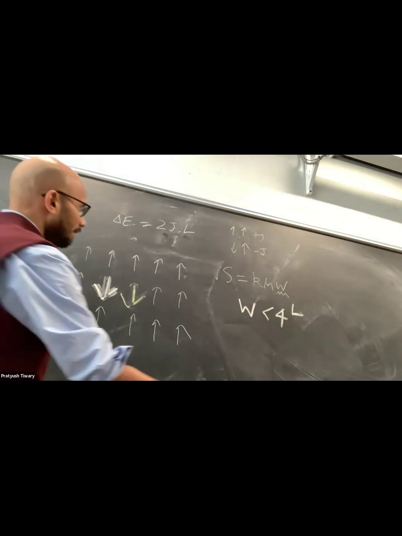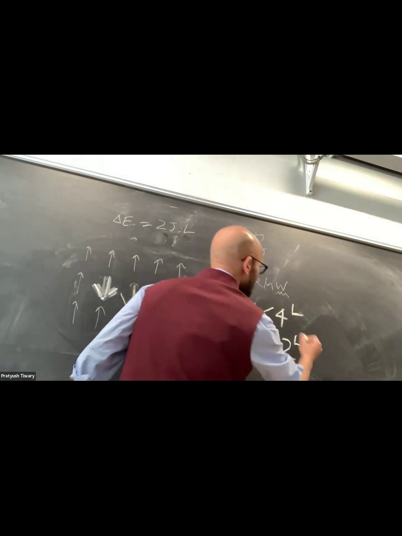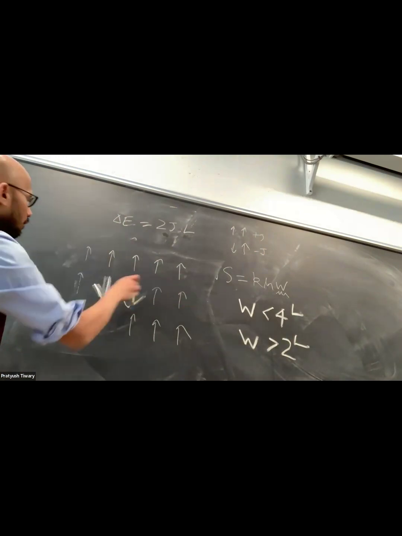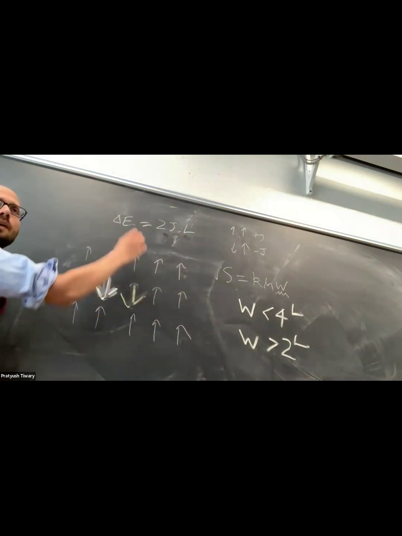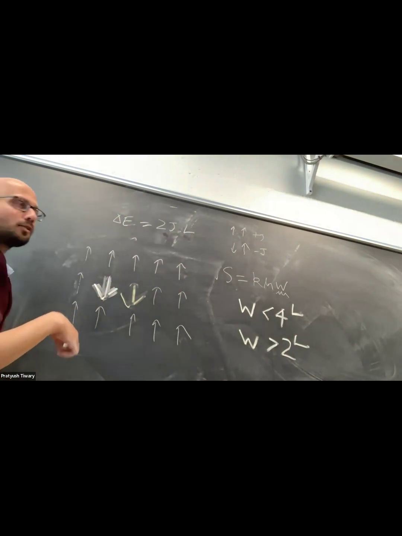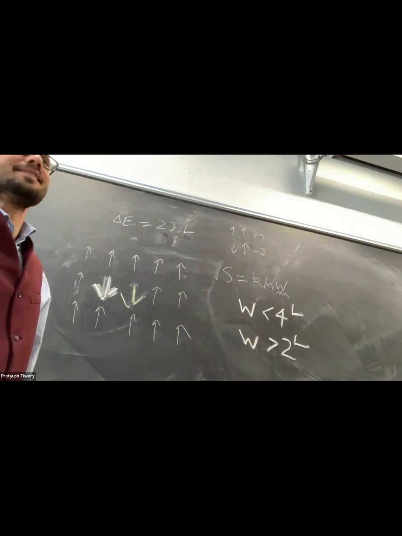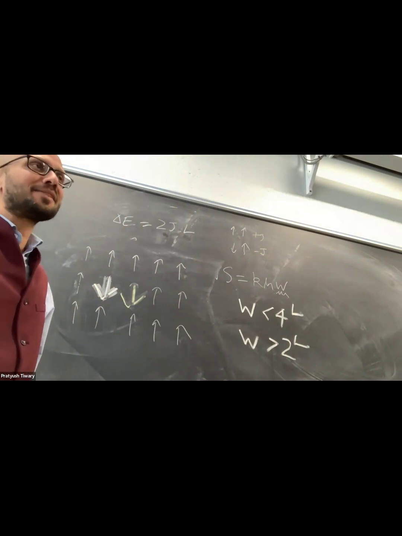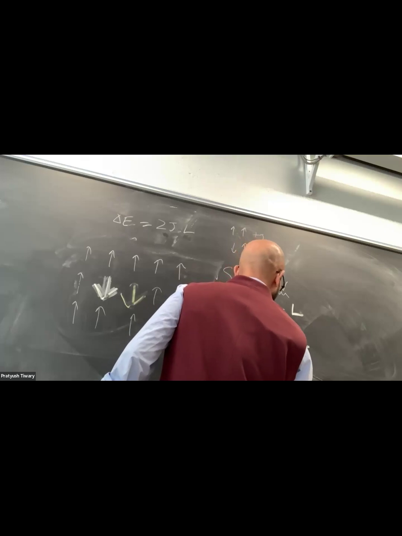At the same time, W has to be more than 2 to the power L. Why? Because if you did only 2, that would mean you're only moving around one line, right? You would miss out on many other possibilities. So what lies between 2 to the power L and 4 to the power L? 3 to the power L, right? It's a back of the envelope calculation. So let's assume that W is 3 to the power L.